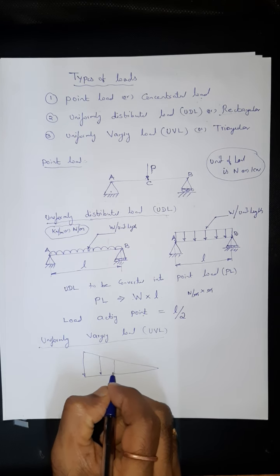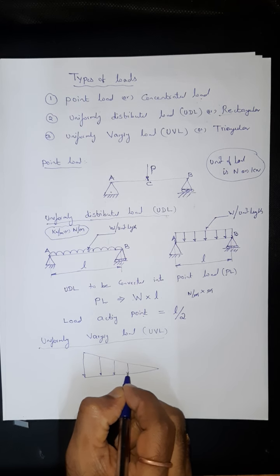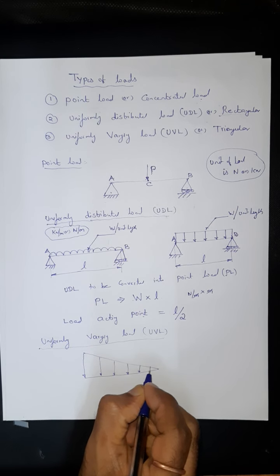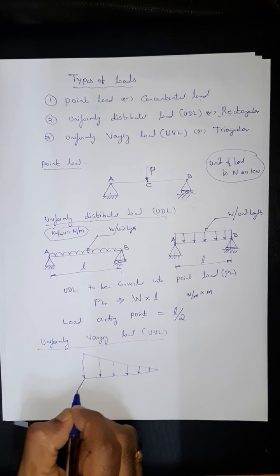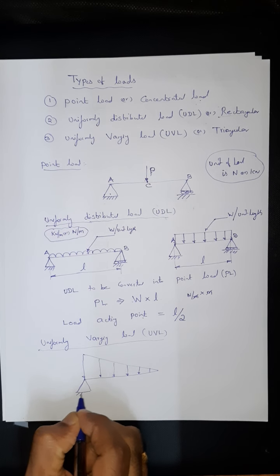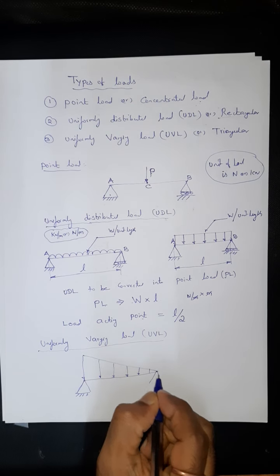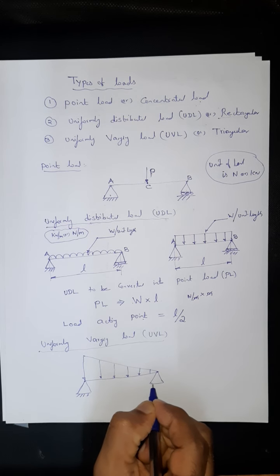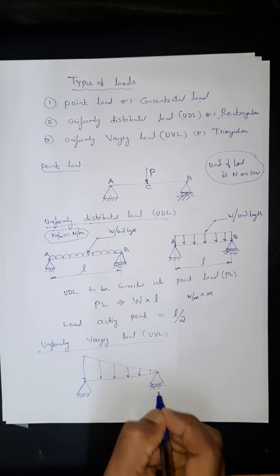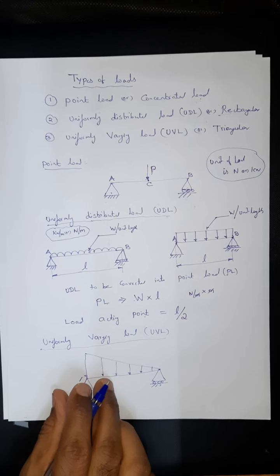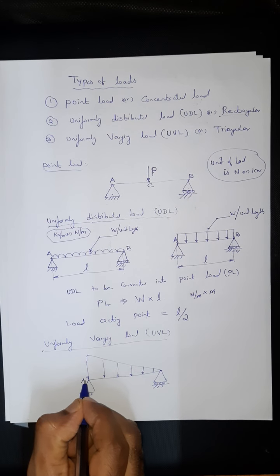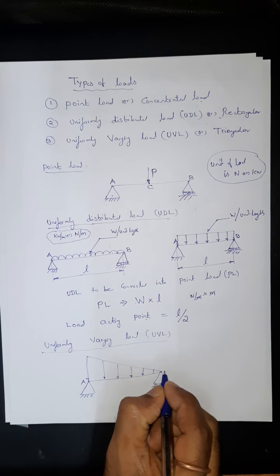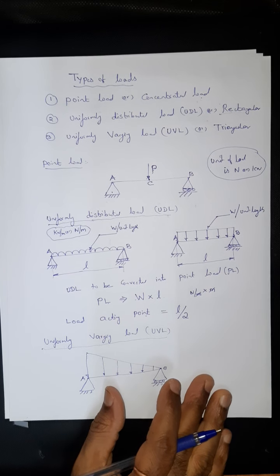So here the load is varying from one end to the other end, and at both ends there will be a support. This point can be taken as A, and this point can be taken as B. Got it?